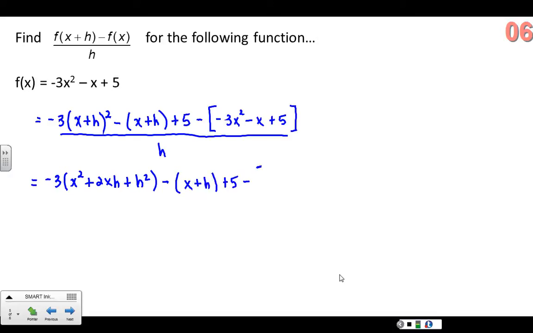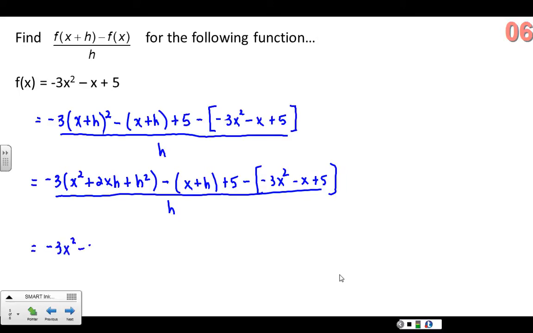So I'm going to write this down. Just a couple of little extra steps here. Okay, so we're going to do our distributive property. Negative 3x squared minus 6xh minus 3h squared.